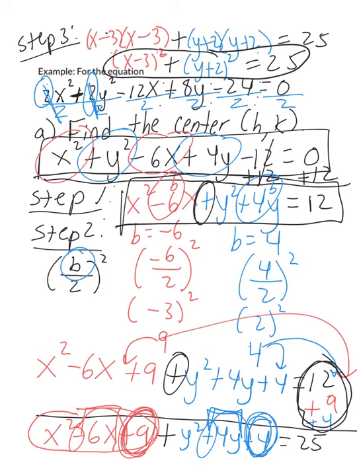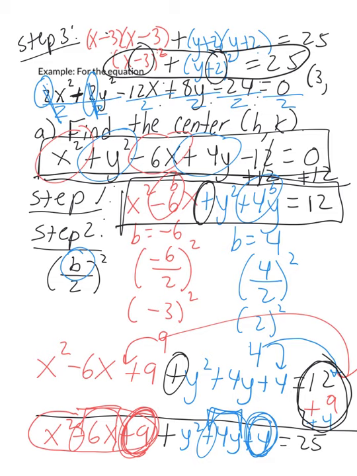So now I can answer what's the center and what's the radius, since I have it in standard form. I have no room, so I'm just going to do this off to the side. But my center, which is what it wanted in part A, we change the signs simply on the numbers trapped with x and y once we have the standard form. So I have a minus 3 trapped with x. That's going to become positive 3.